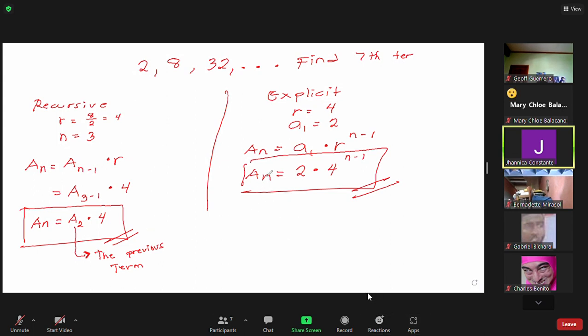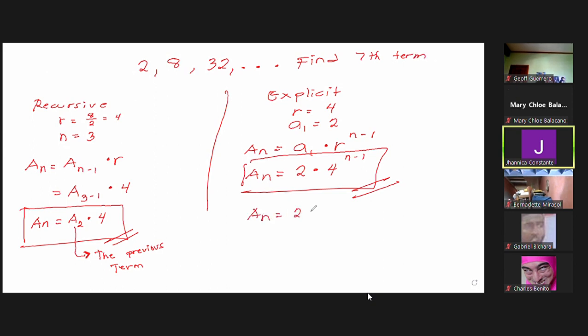Given that we already have the explicit formula of our geometric sequence, we have an equals to 2 times 4. Our n is 7 minus 1. So 2 times 4 raised to 6. So 2 times 4 raised to 6 is equal to 2 times 4096.